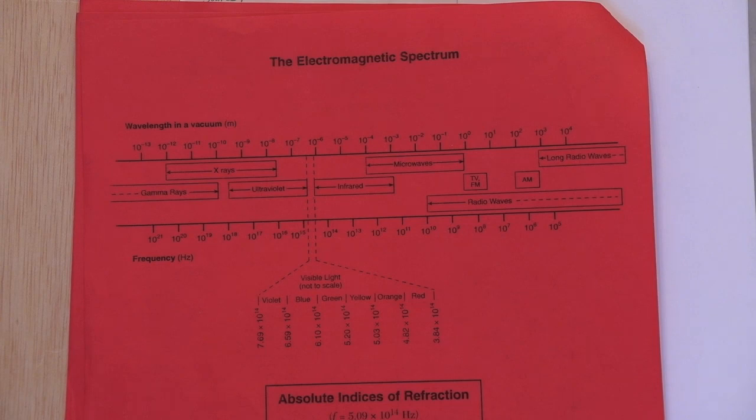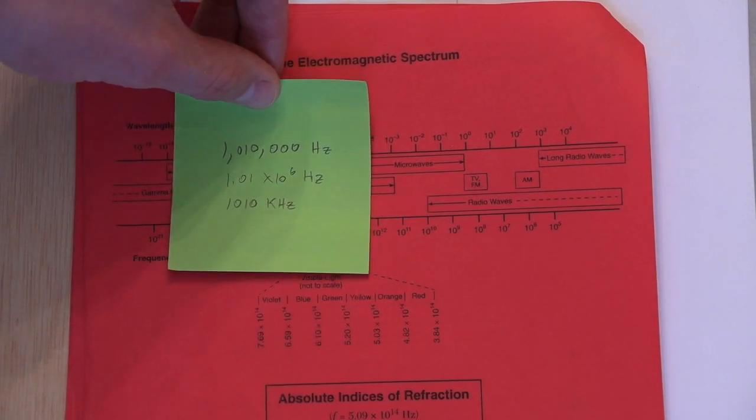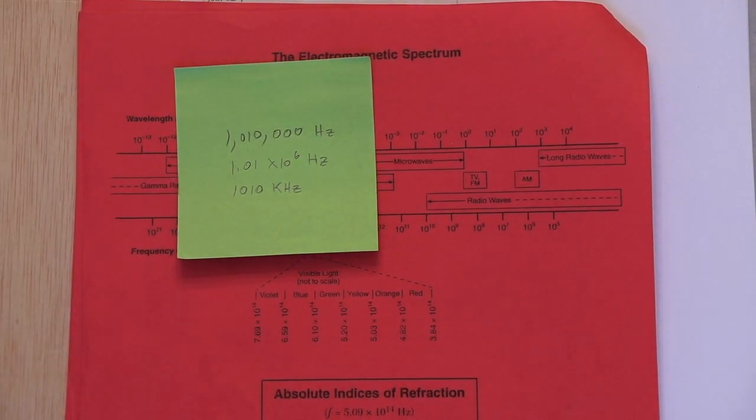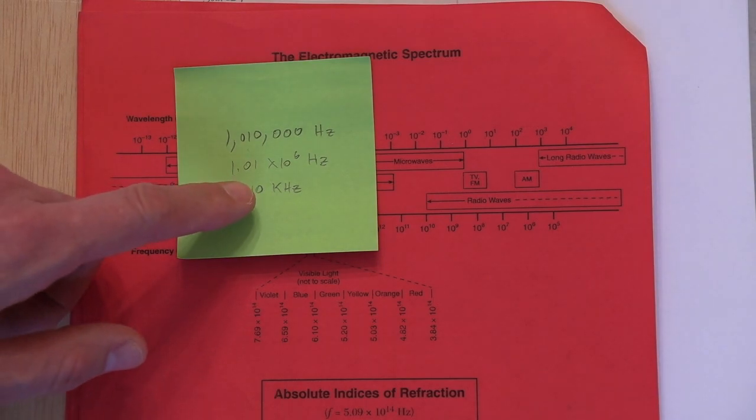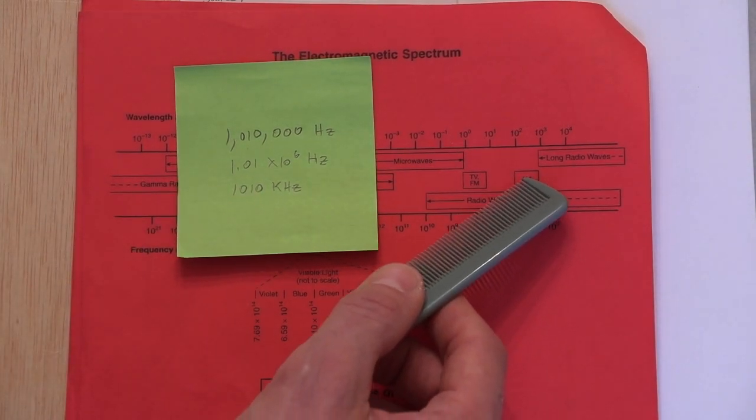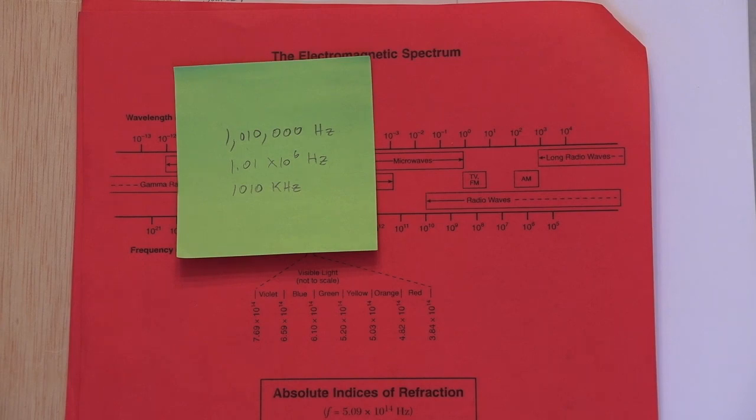If I shake faster and I go to about 1,010,000 times per second, which is 10 to the 6th, you see that falls again in that AM range, which is in kilohertz, 1010, or as they say on the program, 1010 WINS, 1010 AM radio. And I'm shaking a comb and I can make that.